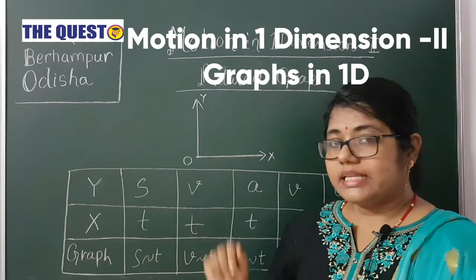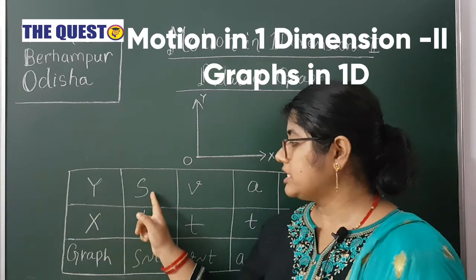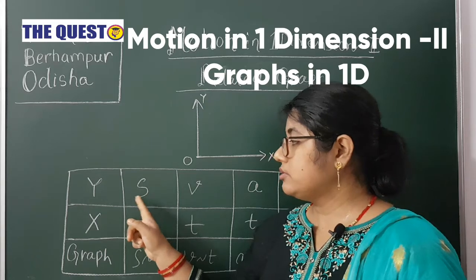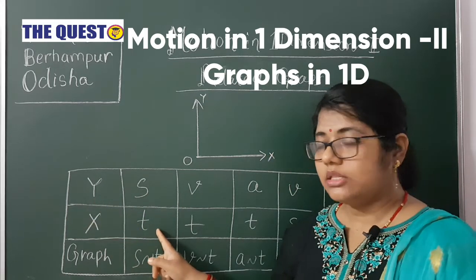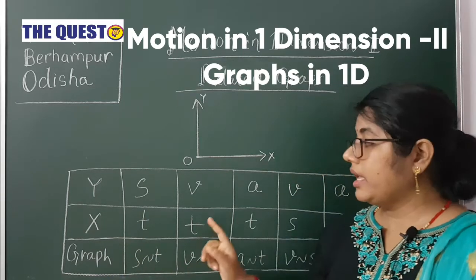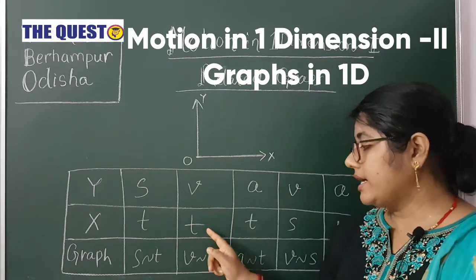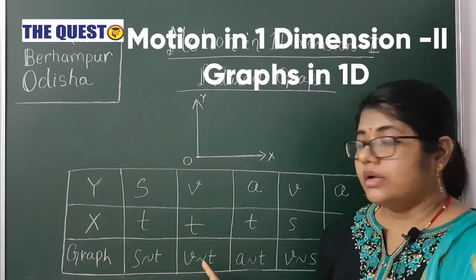For example, if the progress in the displacement is taken along the y-axis and the time itself is taken along the x-axis, then it is a displacement time graph. If the velocity is taken along y-axis and time along x-axis, then it is a velocity time graph, and so on.